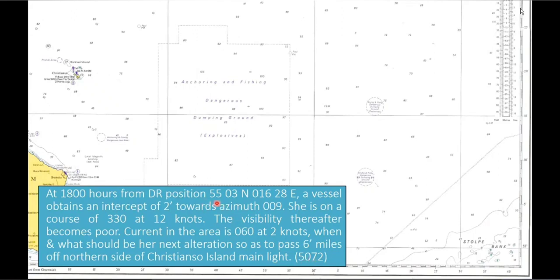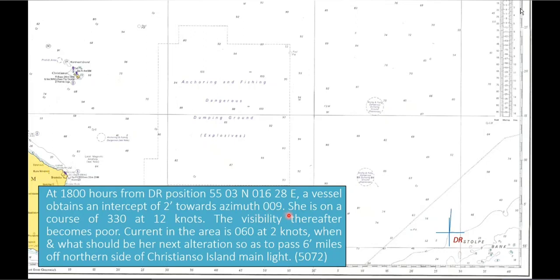Let's first of all mark the DR position on the chart. And from the DR, we can then mark off our first position line. Let's plot the DR. You can see the DR latitude, the DR longitude. Now, once we have the DR position on the chart, we know the azimuth is 009.